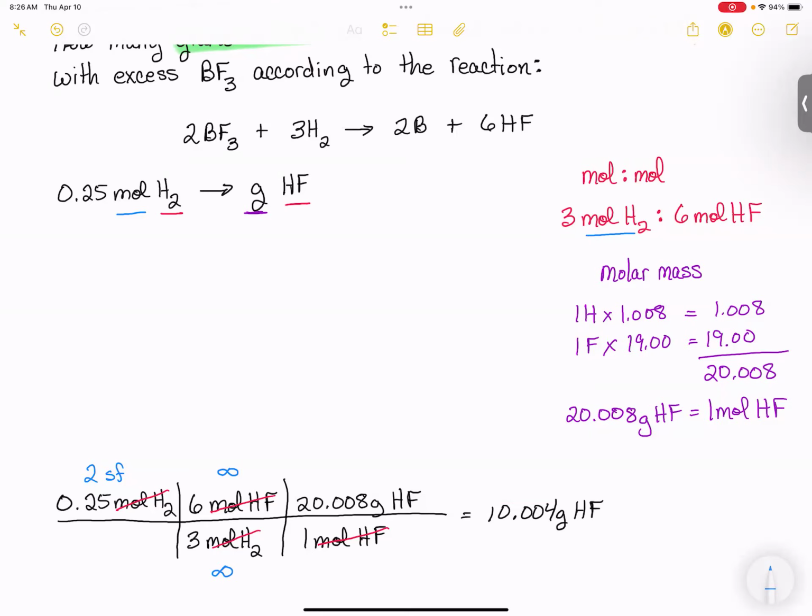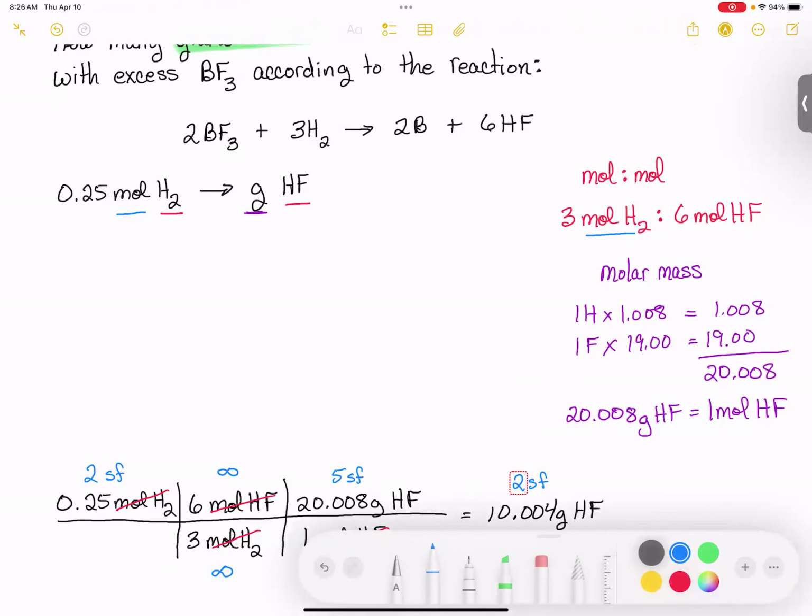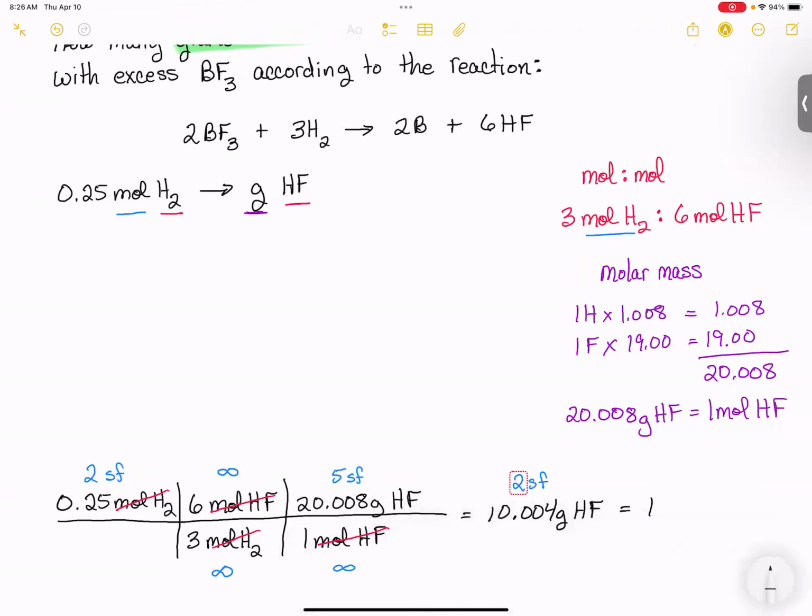Our molar mass, the mass portion has 5 significant figures, and the mole portion of a molar mass has an unlimited number of significant digits. Looking at this calculation, the measurement with the fewest had 2 significant digits, so our answer can only have 2 significant digits. So I would report this answer as 10 grams of HF.